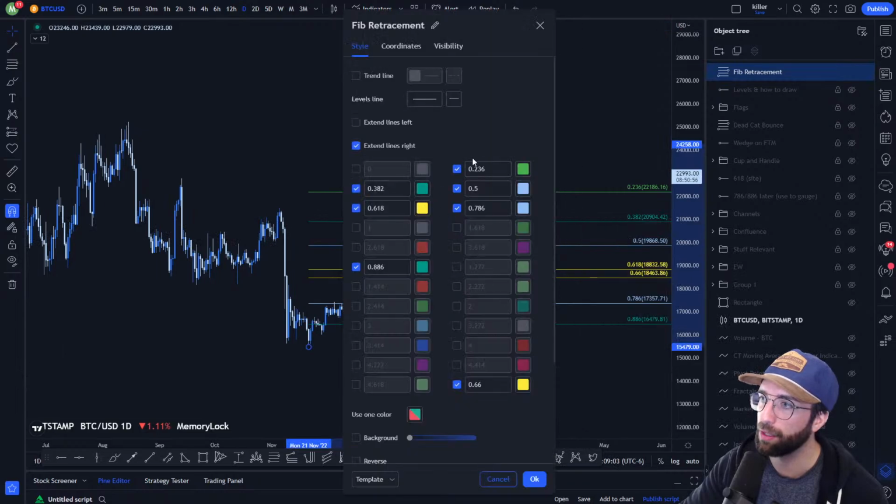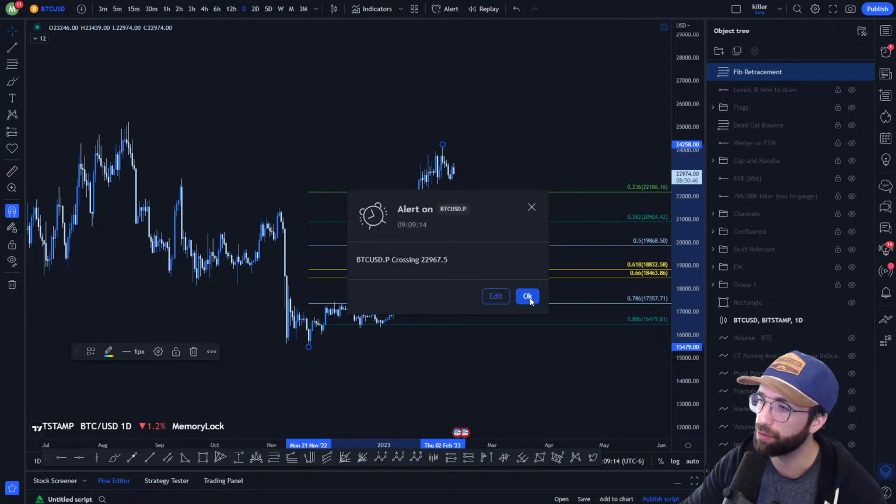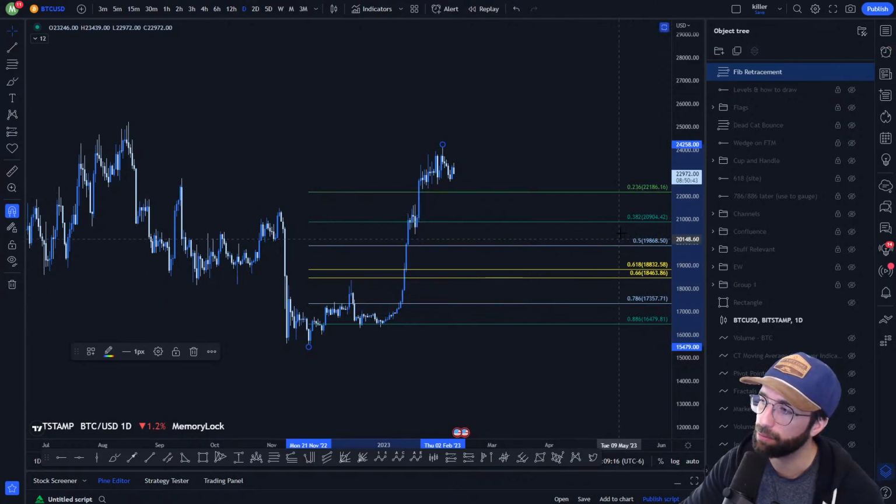I don't really use the 2.36 at the top here, hardly at all. But the rest I use quite a bit. You'd want to keep some of these in mind and mark them on your charts: the 0.382, the 0.5, the 0.618, and as an added bonus the 0.66, the 0.786, and then the 0.886.